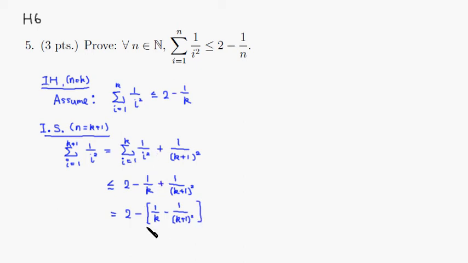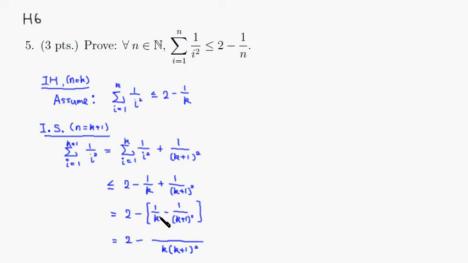Then we can take the common denominator. It would be just the product of those two denominators, so it's k times quantity k plus 1 squared.